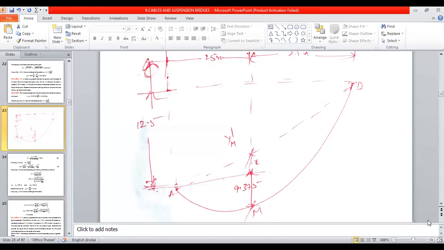Okay. So the load exerted by the trolley on the suspension cable constitutes a concentrated load. We did a problem, you saw, the first problem with concentrated load.